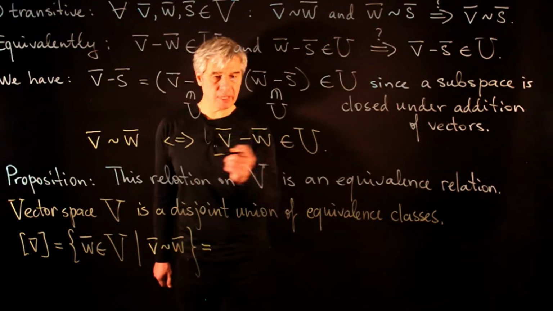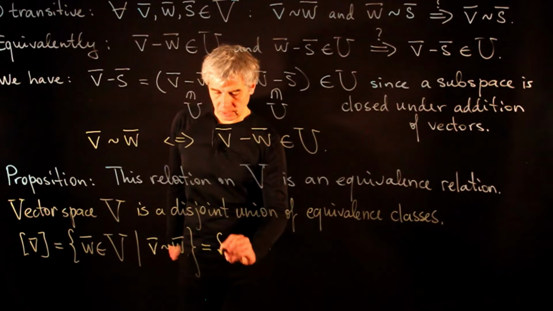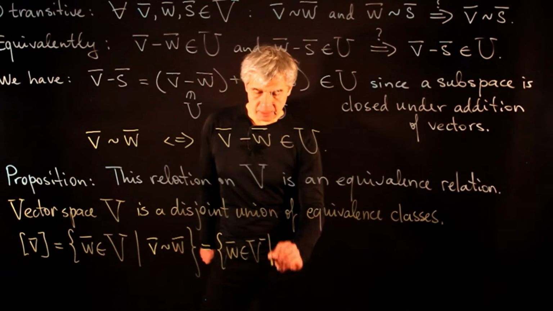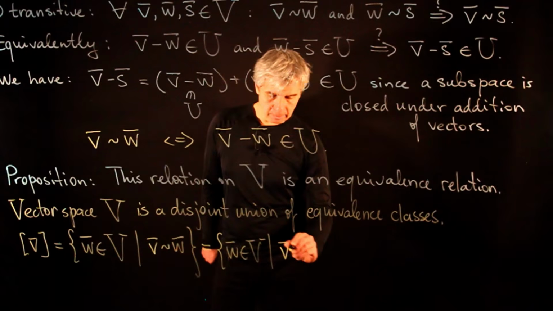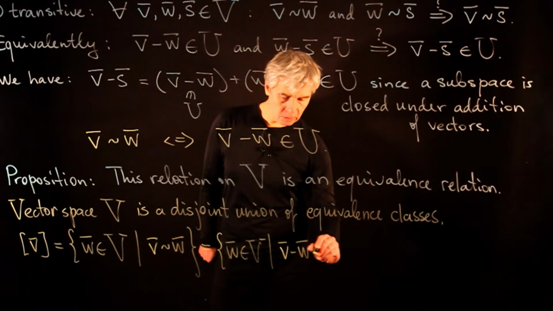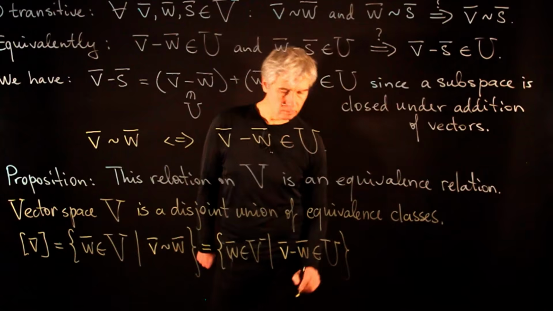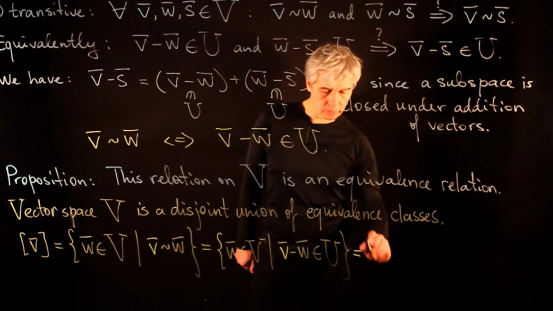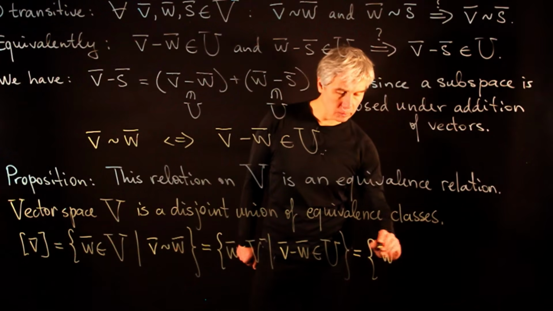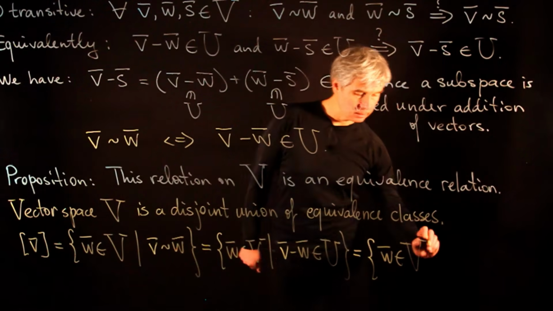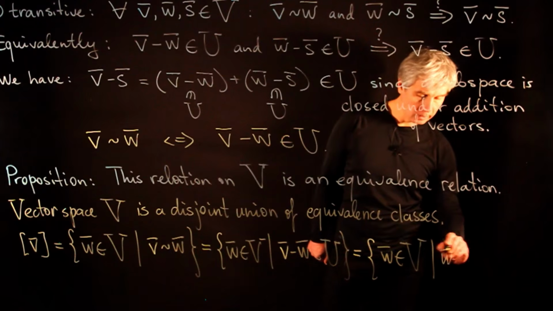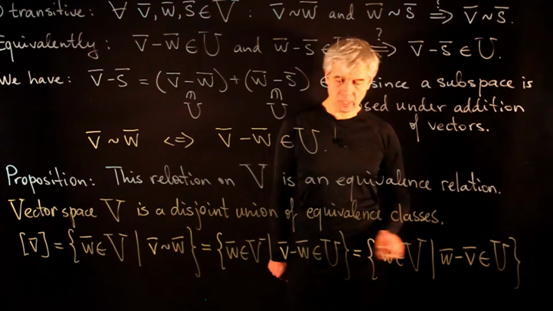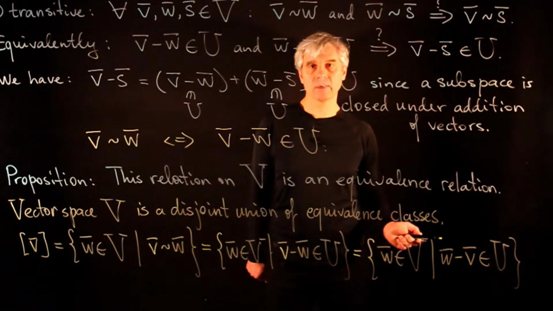Or, if we spell out our equivalence relation, this is the set of w in the vector space V such that v minus w is in U. And because our relation is symmetric, this can also be written as the set of all w's in V such that w minus v is in U. We will use these two properties interchangeably.